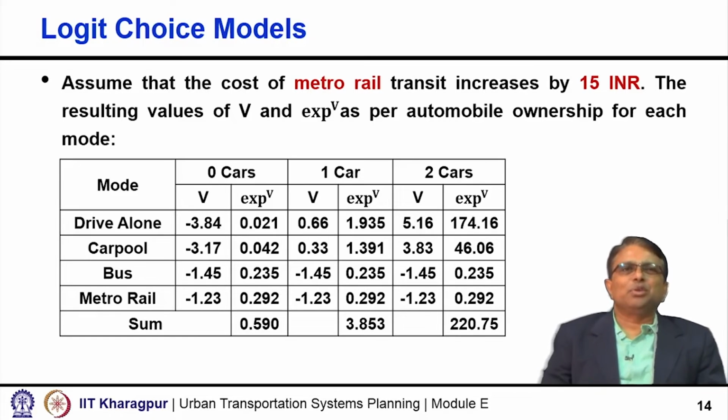So, I again calculate the V. Of course, the V will change only for the metro rail, and accordingly we calculate e to the power V values for all the cases, and for each 0 car, 1 car, 2 car, in each vertical, we calculate the sum of the e to the power utility.